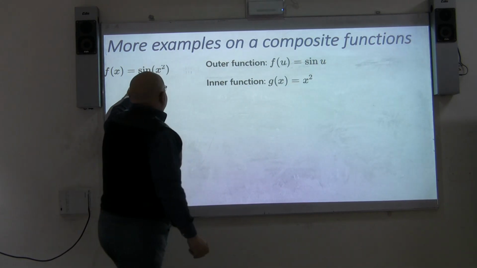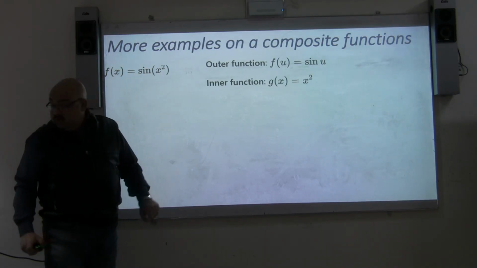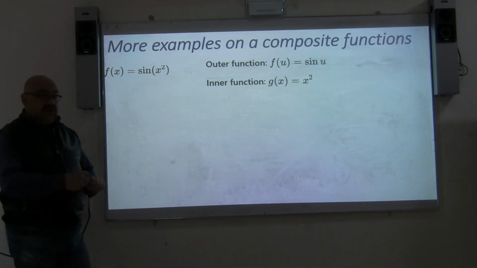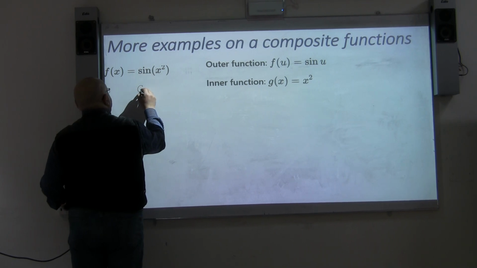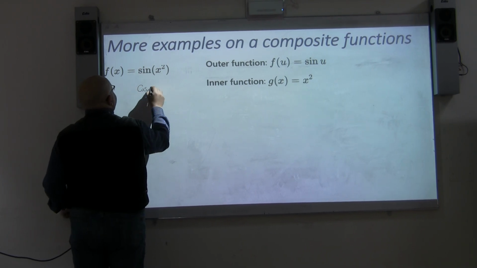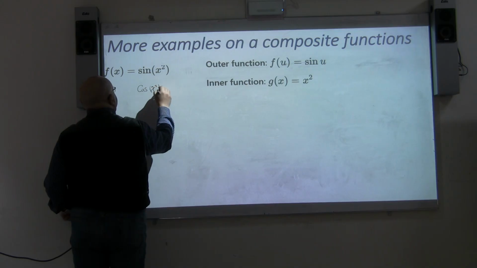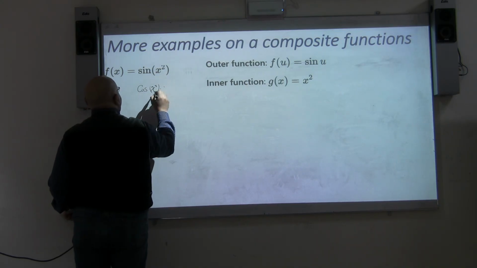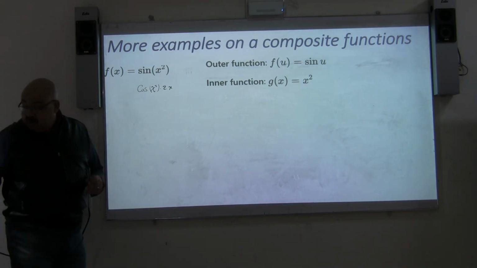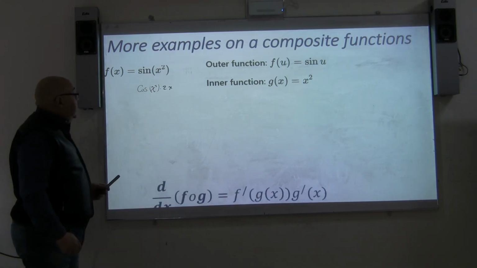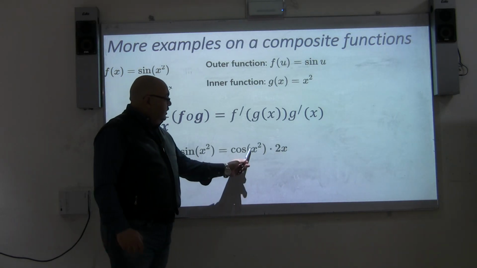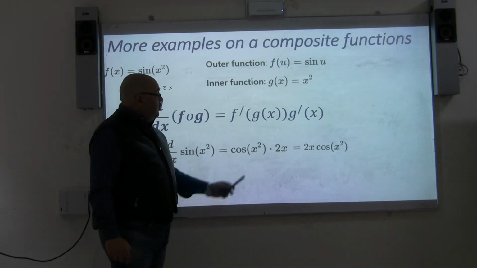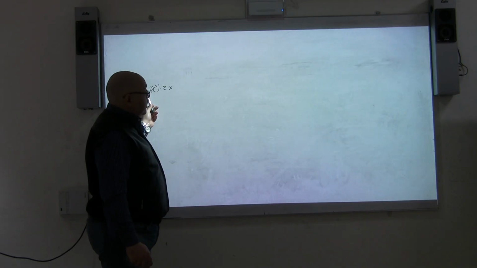Differentiating the outer sine gives cosine of the inner function x squared, times the derivative of the inner function, which is 2x. Treating it as a composite function, it's cosine x squared times 2x, so it's 2x cosine x squared.